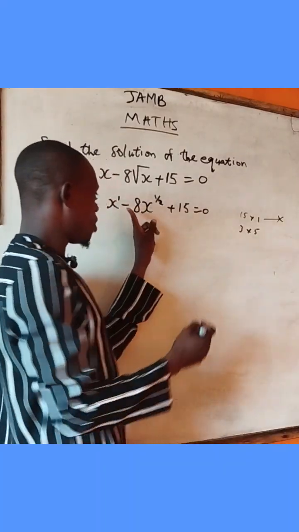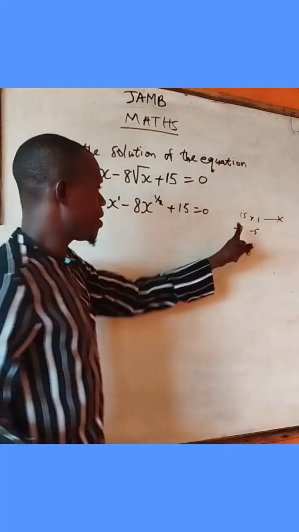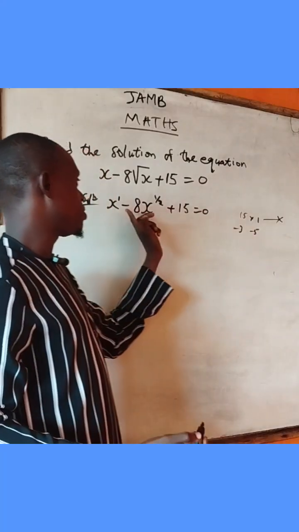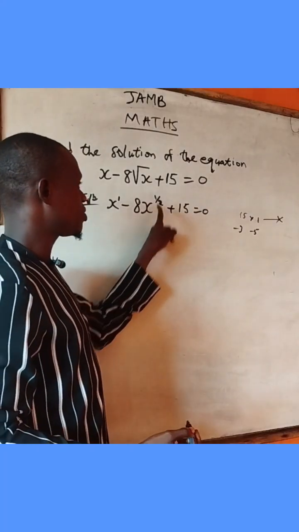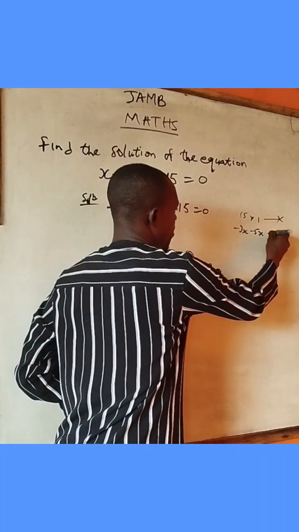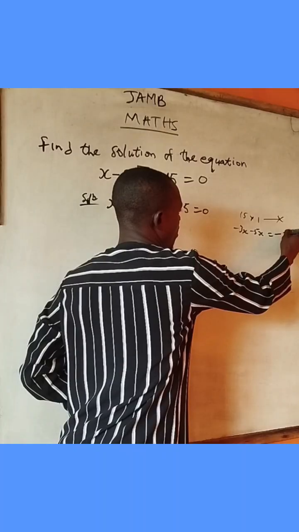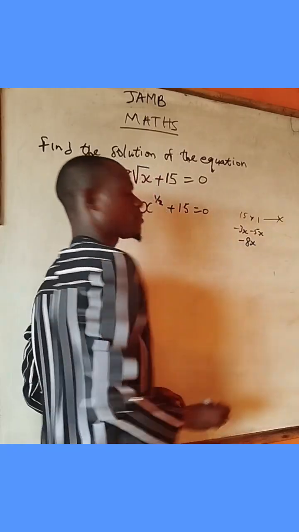But we are looking for minus 8. So what you are going to do is to put the minus. So minus 3 minus 5 will be minus 8. But we have the variable here, which is x raised to power half. So if I put x here, I will have minus 8x.